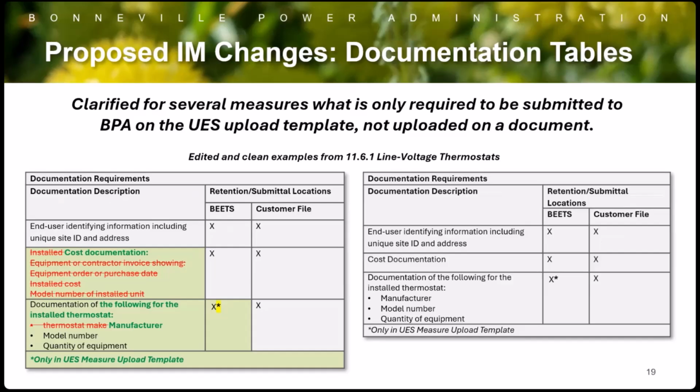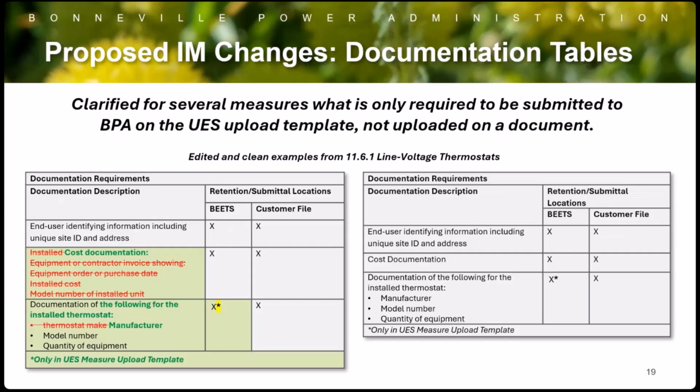For those instances, that is only required to be added to the UES upload template, not uploaded into BEAT or Box on a separate document. The note here, though, is that that information does still need to be retained in your customer file.